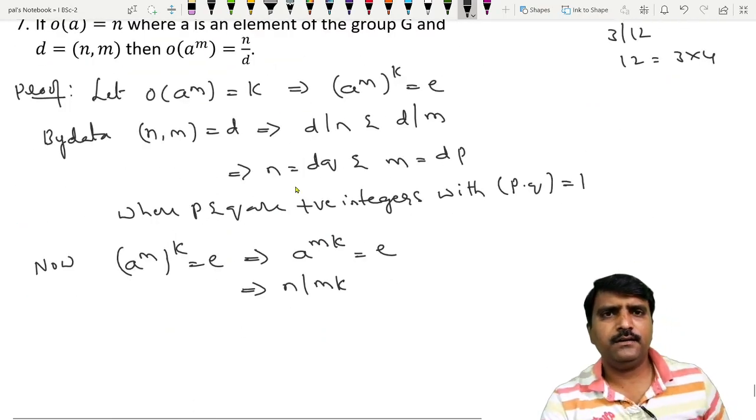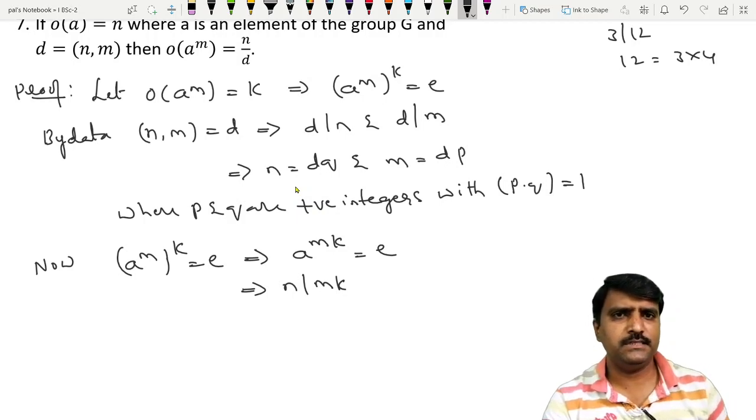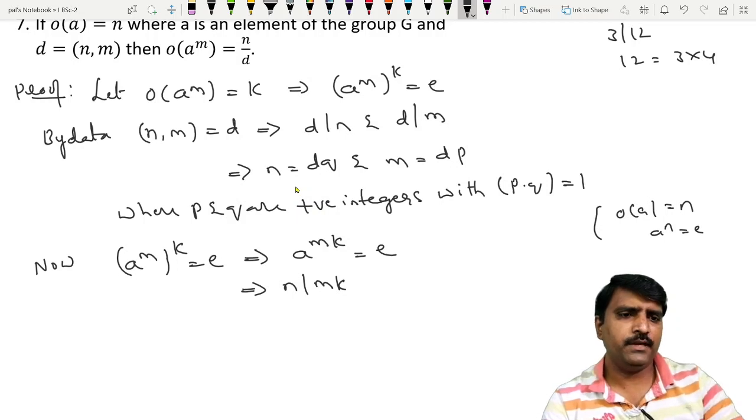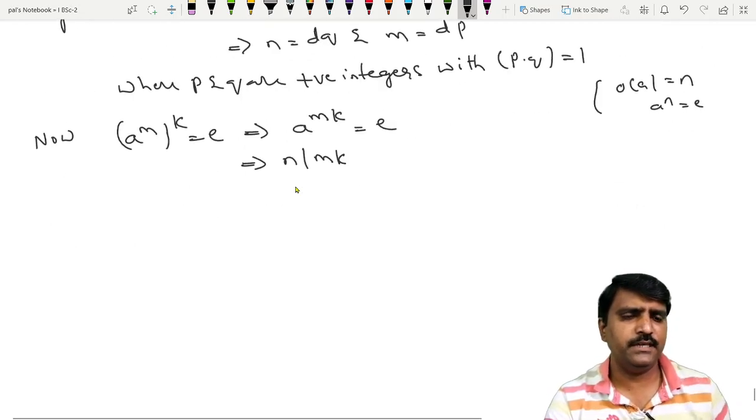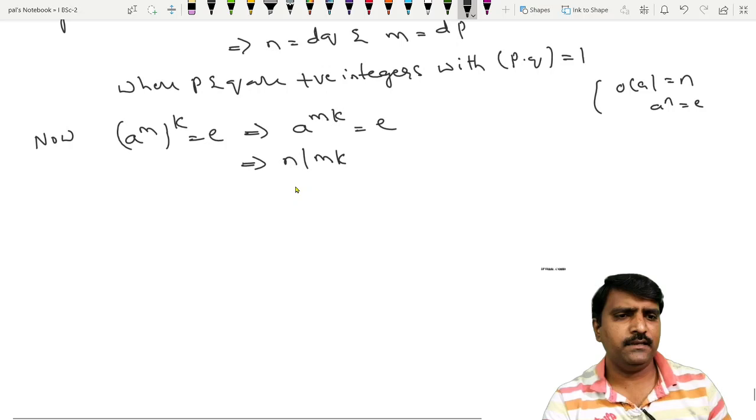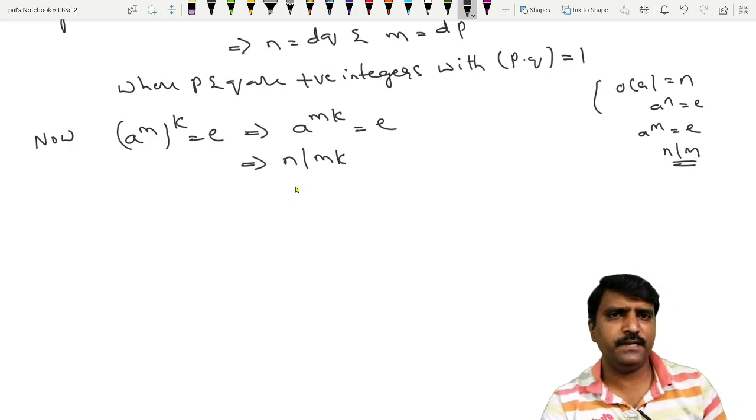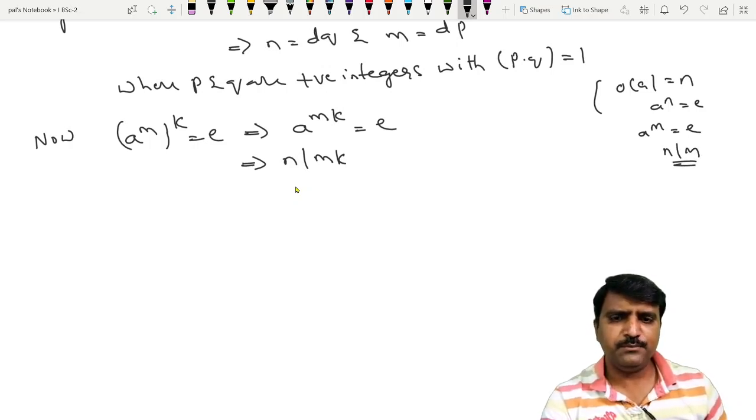Remember this much. If order of a is n, then a to the power of n is equal to e. You can write a to the power of n is equal to e. So again, if a to the power of m is also e, then definitely n divides m. I'm using the same property here.